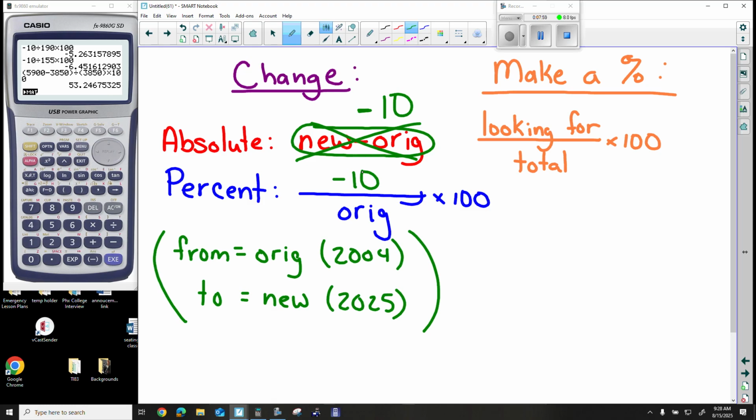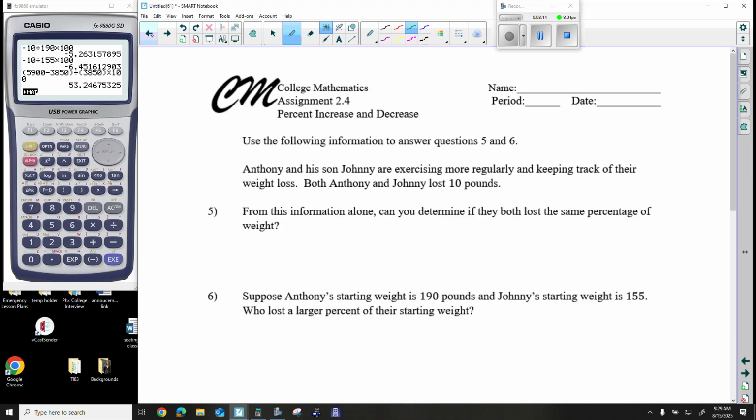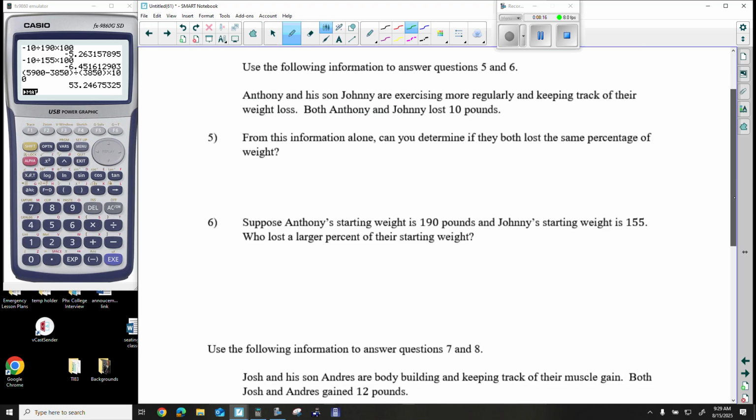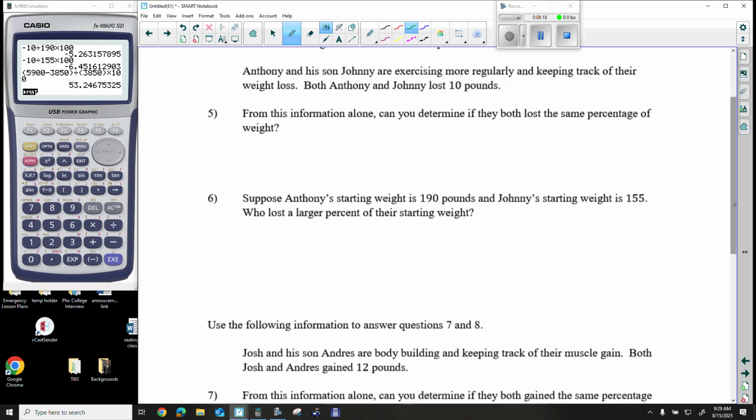So no, I don't know what percentage Anthony or Johnny or whatever their names are lost because I don't know their original weights. It's impossible to come up with a percentage if I don't know that stuff. So let's go back. From this information alone, can you determine if they both lost the same percentage of weight? No, I cannot.